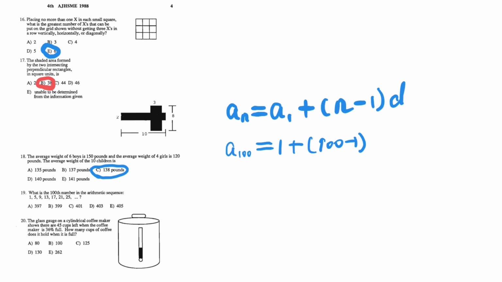The common difference is the difference between two adjacent numbers, 5 minus 1, that's 4. So that's equal to 1 plus 400 minus 4, that's 397. So the answer is A.